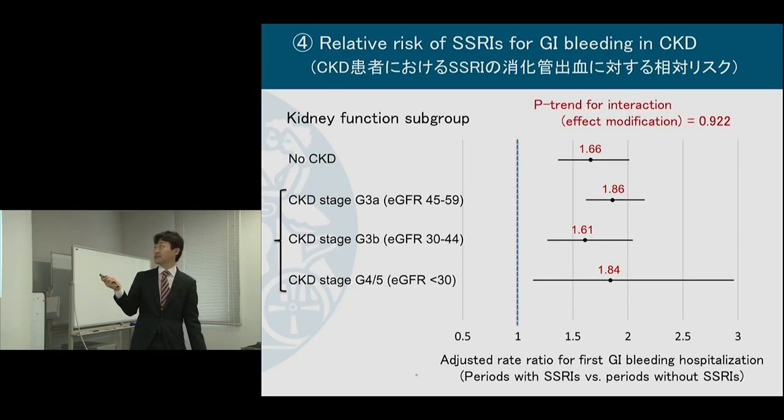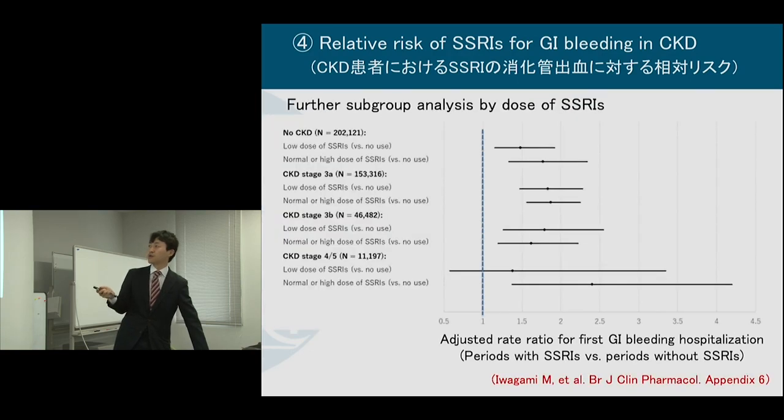I conducted a test for interaction, to test whether this relative risk is different between the kidney function groups. But there is no evidence. I further divided them into low dose and high dose, expecting that doctors may prescribe a low dose of SSRI for patients with lower kidney function.